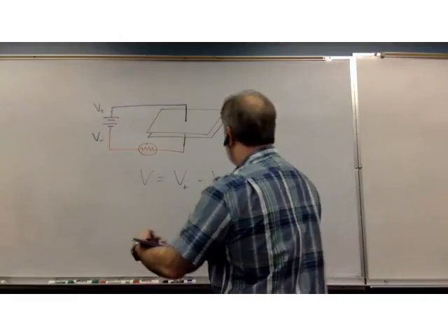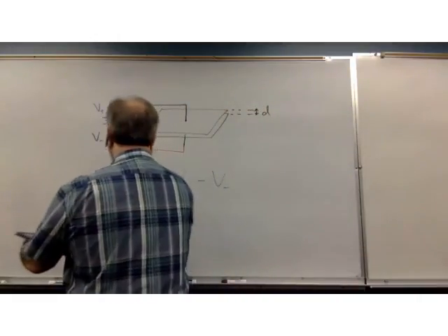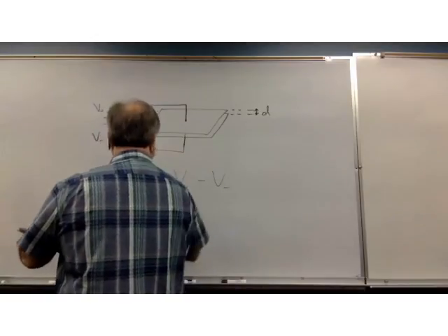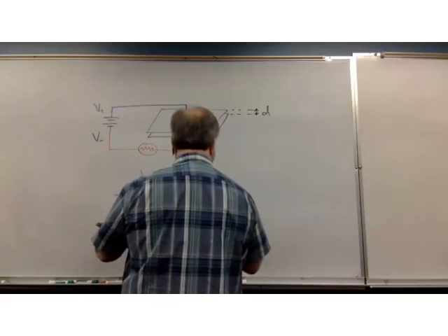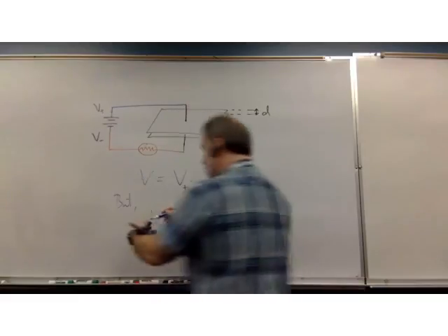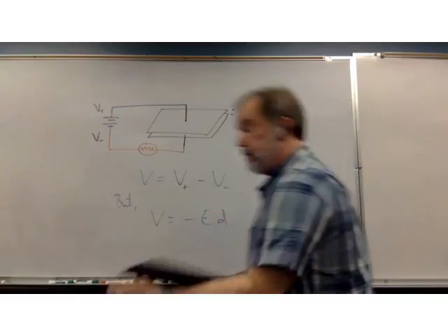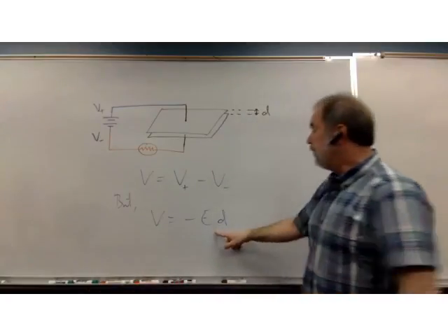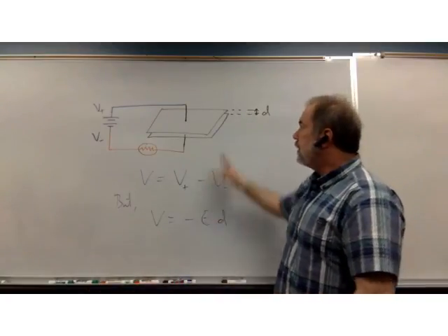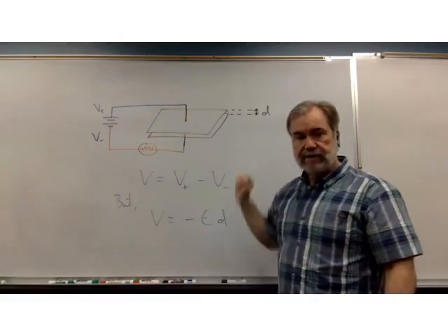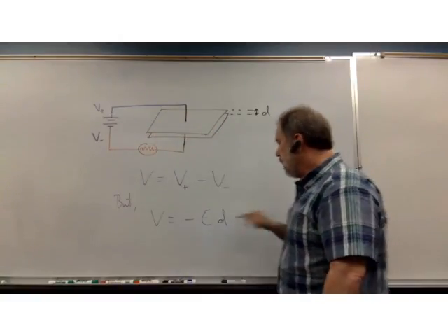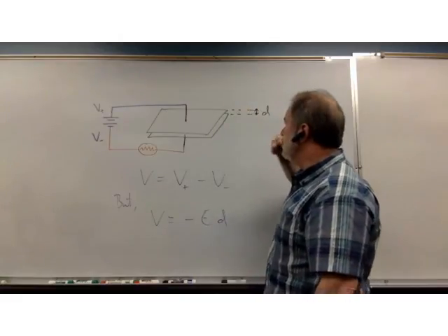But that potential difference is equal to the negative of E times D. Okay, let's back up. What electric field? Well, the electric field that the battery creates across the capacitor. And D, of course, is the distance between them.